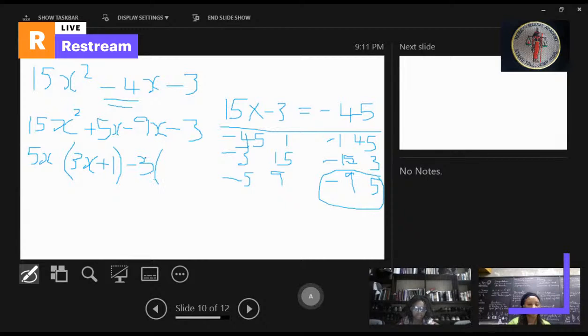Negative 3 into negative 9x goes 3x, and negative 3 into negative 3 goes plus 1. And then they're the same, so we can write back the 5x minus 3 and the 3x plus 1.